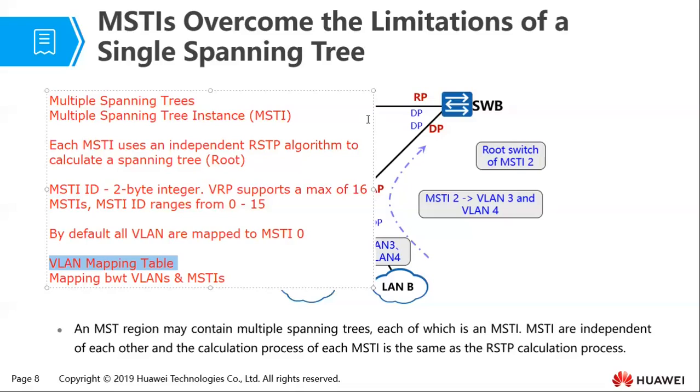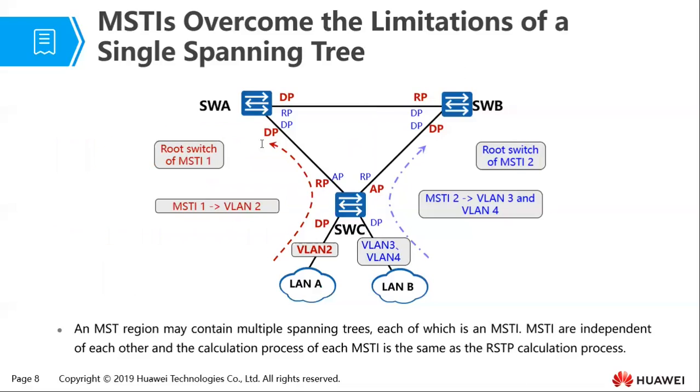Okay, with that in mind, let me explain what is happening here. Generally, when you want to configure MSTP between switches, the first thing you have to ensure is that all the switches are in the same MST region, multiple spanning tree region.